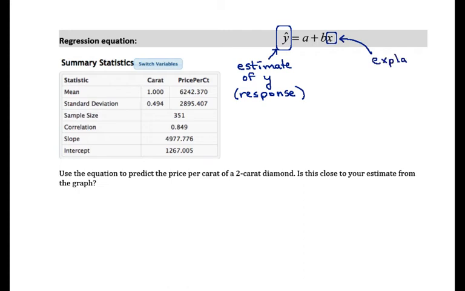Now the two letters in here, a and b, also have interpretations. The b, which gets multiplied by x, is the slope of the line. That's a measure of how steep the line is. You might remember this from basic algebra classes.